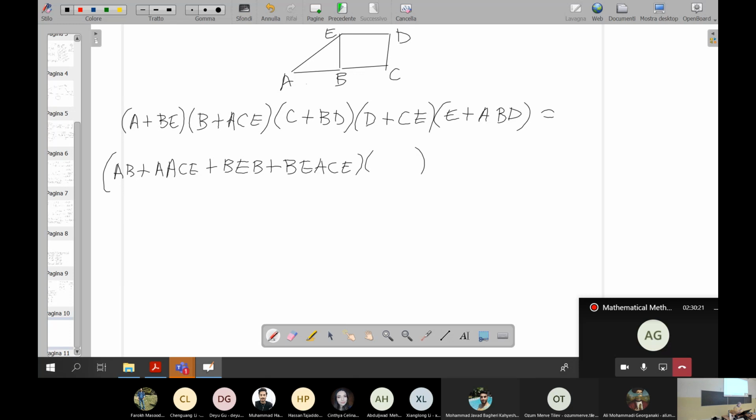Now, simplifications. First simplification inside each monomial. Here I have a repetition. Away. Here I have a repetition. And here I have a repetition. Okay? So first I get rid of the repetition inside the monomials. Then let's look whether we have a monomial contained in another monomial. Yes, we have. BE is contained in BEAC. So I get rid of this.